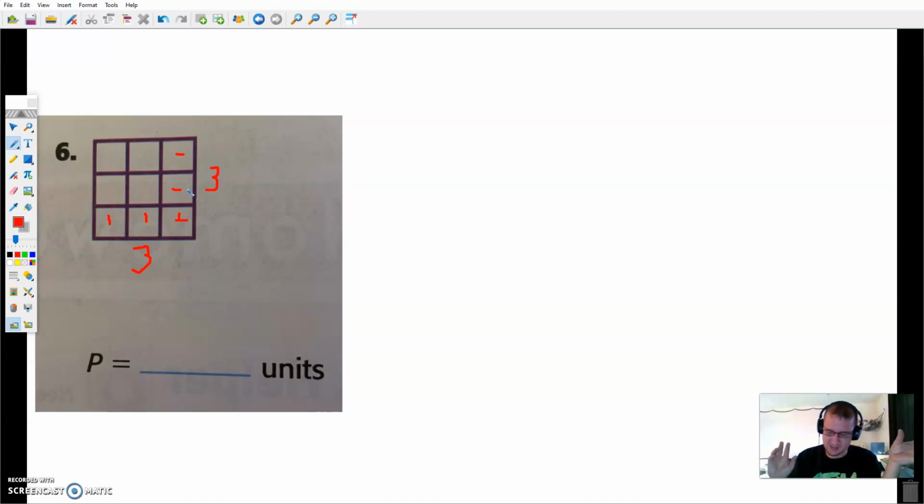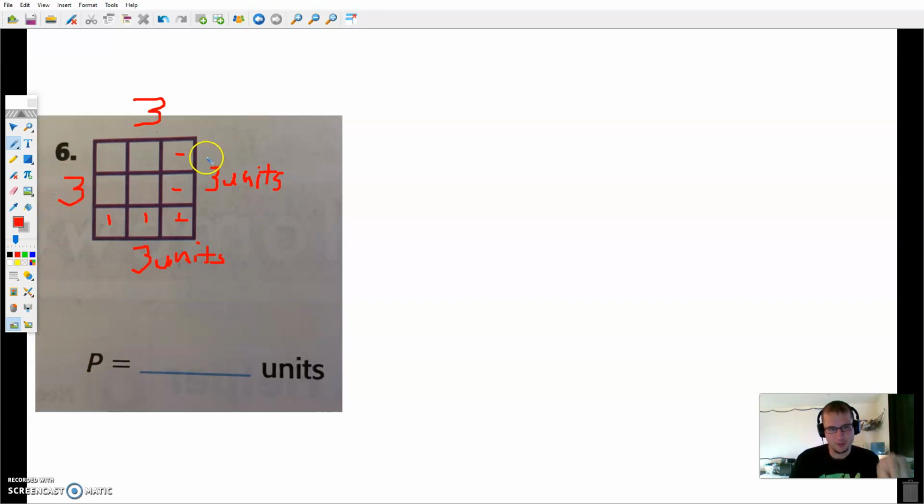Are we talking inches, feet, miles? We don't know, so we're just going to refer to it as 3. Oh, my handwriting is horrible, but that's okay. 3 units by 3 units, which tells us that this side is also 3 and this side is also 3.